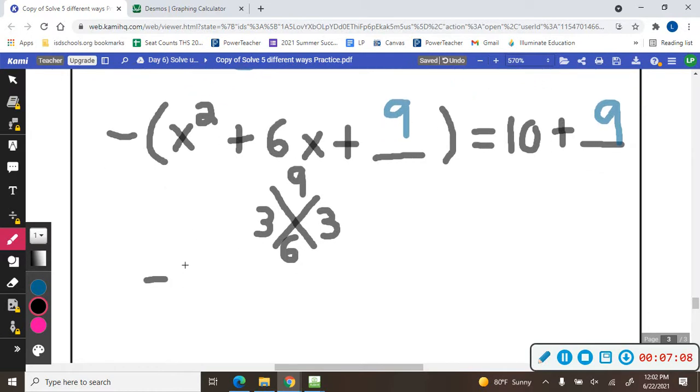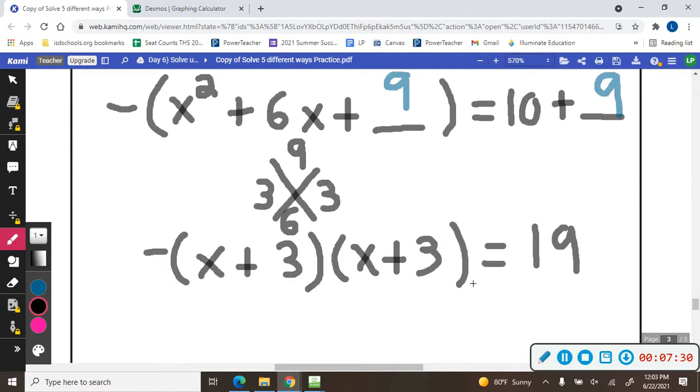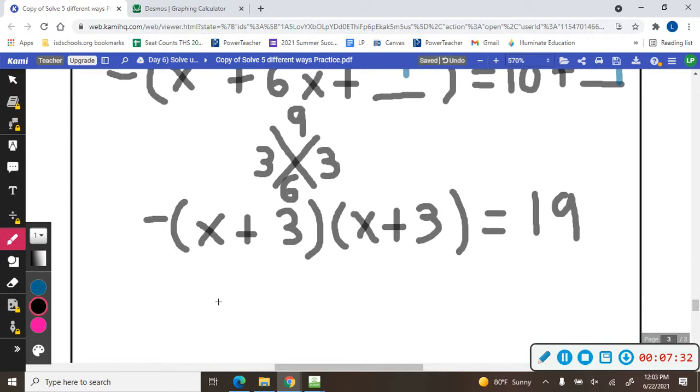So now I get negative x plus 3, x plus 3, and 10 plus 9 is 19. But x plus 3 times x plus 3 is x plus 3 squared.